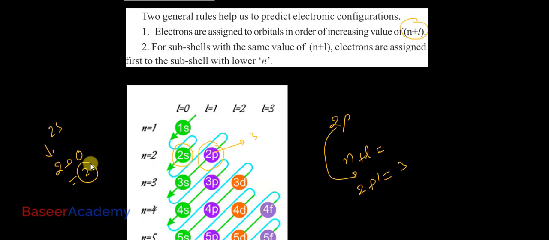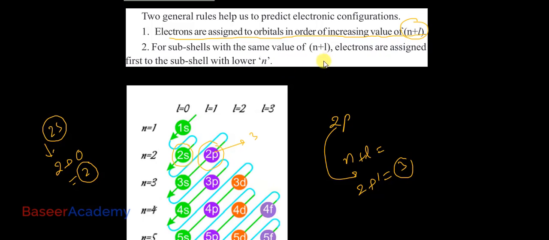The n plus L value of 2s is 2. N plus L value of 2p is 3. Obviously 2 is less than 3, which means 2s has a lesser n plus L value. So electron will first occupy 2s because it has a lesser n plus L value, and then it will occupy 2p. Electrons will occupy orbitals which have a lesser n plus L value.